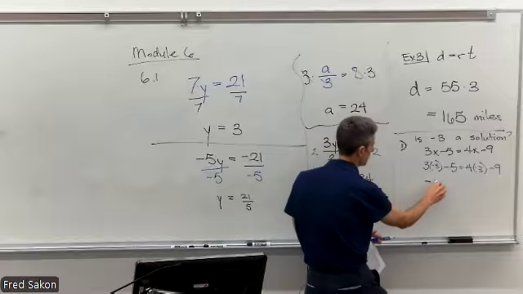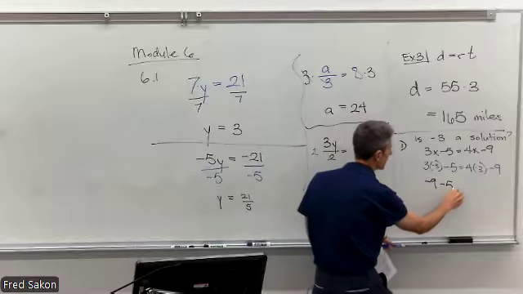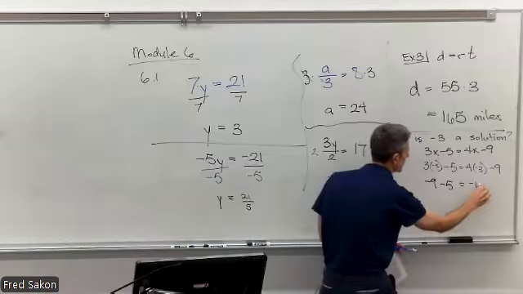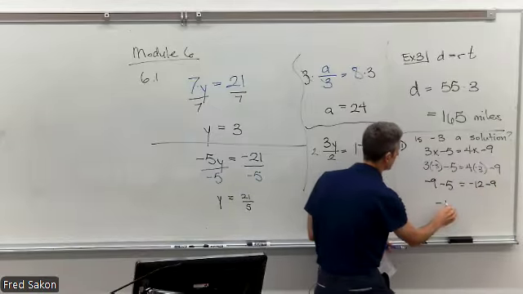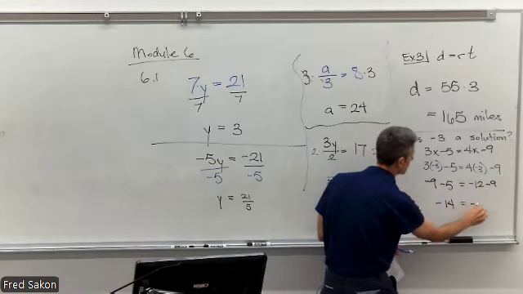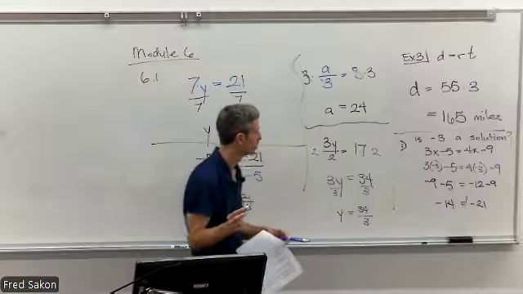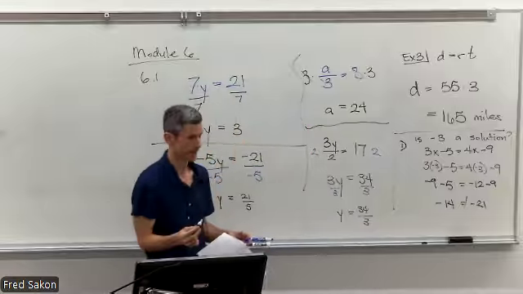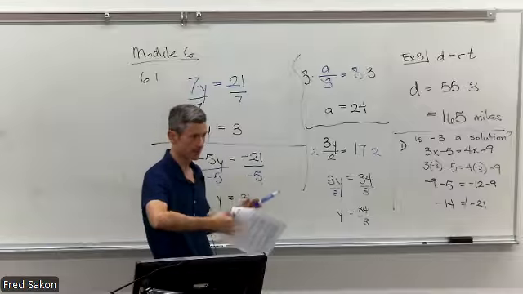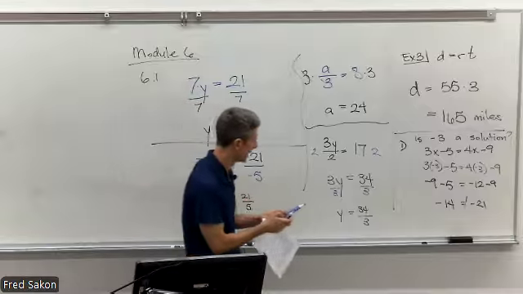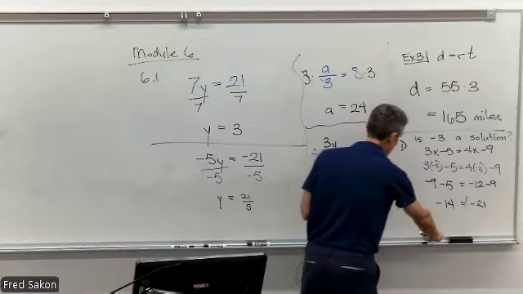So -9 from that multiplication, -5, -12 from that multiplication, -9. I get -14 over here, I get -21 over here. That's not equal. So no, -3 is not a solution, since we didn't get agreement. That's how you would approach something like that.